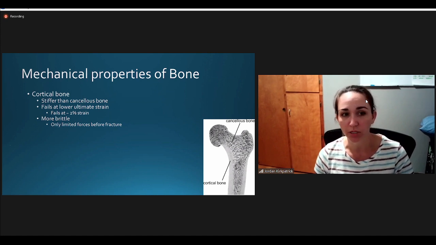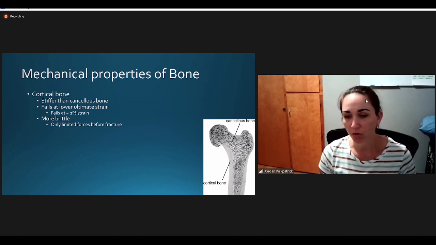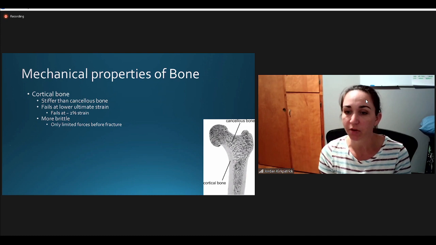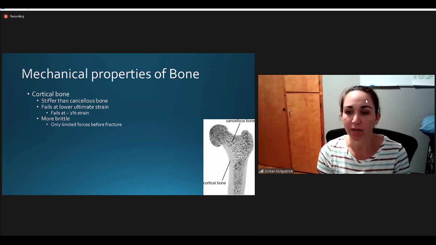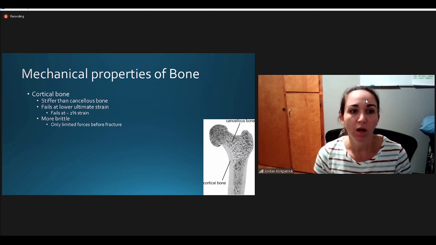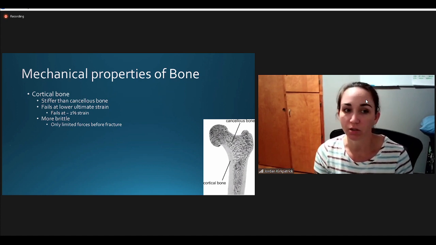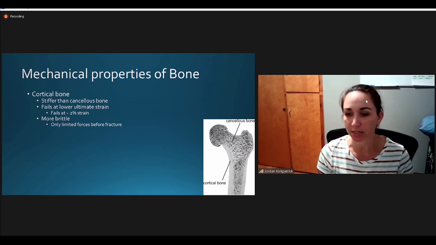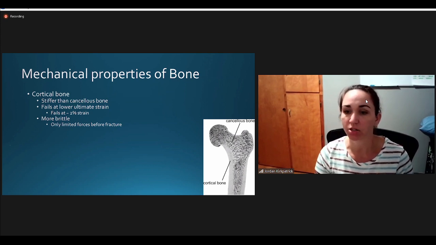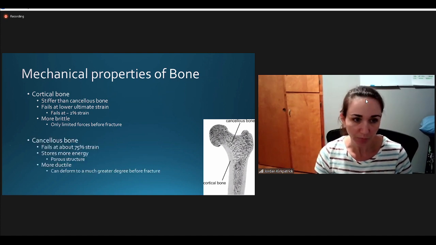Because it has more stiffness, it fails at lower strains, since it can't change as much. So it has a very limited capacity to change its shape, and it can fail at strains as low as 2%. It's also more brittle because of that stiffness. It doesn't handle forces as well, so it has more tendency to fracture.